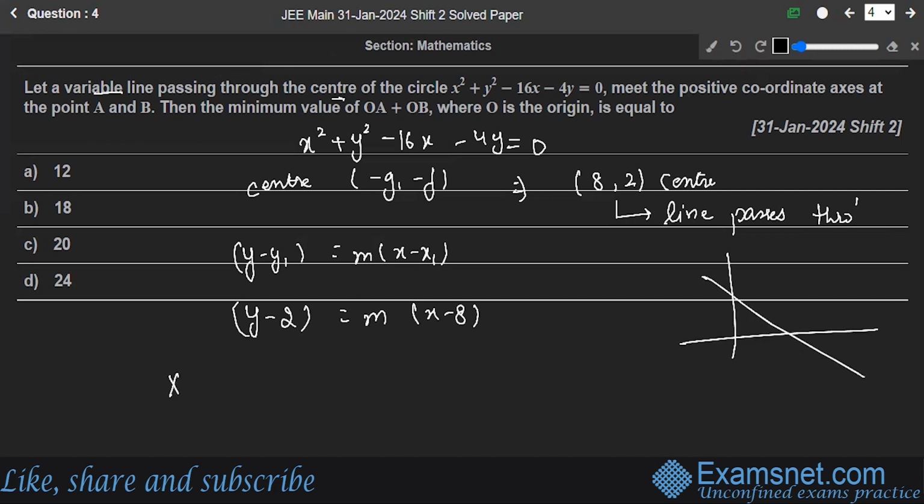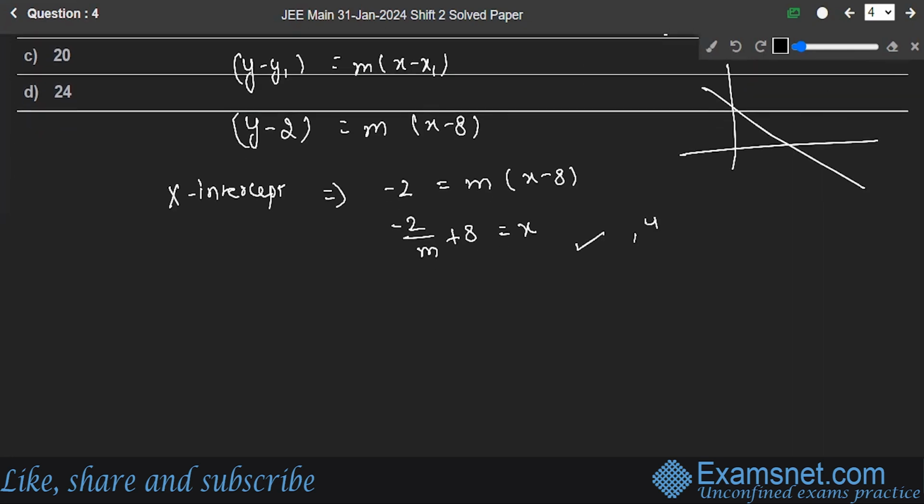For the x-intercept, I'll be putting y equal to 0. So on putting y equal to 0, you will have minus 2 is equal to m into x minus 8, or you will have minus 2 upon m plus 8 is equal to x. So for the x-intercept you have this as the value of x, and of course y will be 0.